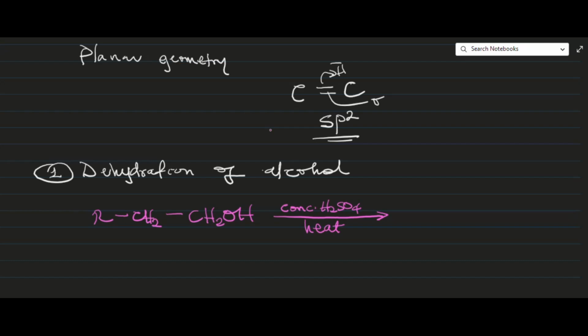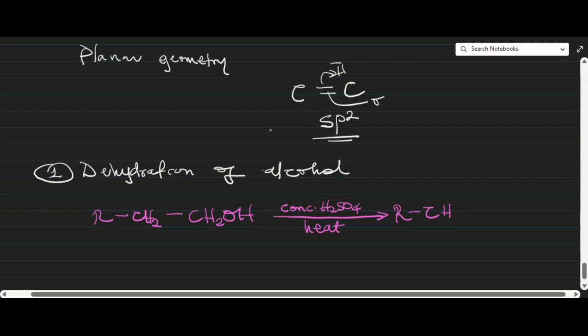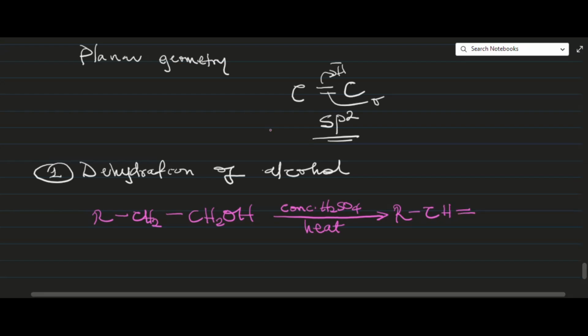This R will still be there, the alkyl, and then we have C, instead of CH2, it becomes CH, and the single bond becomes a double bond. There's a reason behind that when we go to reaction mechanism, but we don't need to discuss that right now.